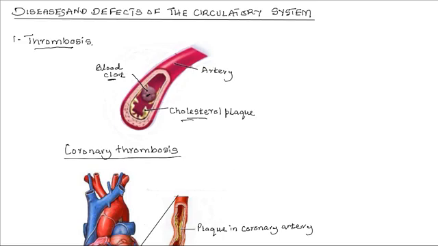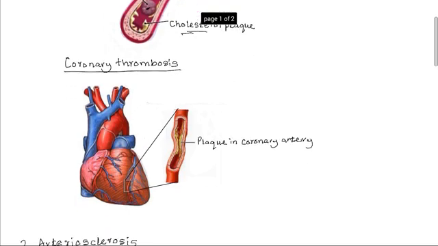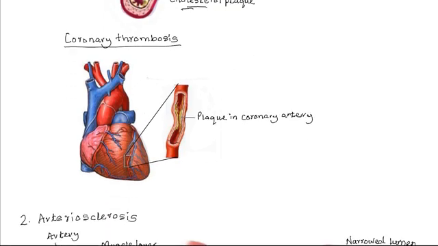Now, depending on the part of the body or the organ in which the thrombosis occurs, there are different types of thrombosis, and the commonest are coronary thrombosis, and as the term suggests, coronary thrombosis is one that occurs within the blood vessels of the heart, and in particular within the coronary artery, which supplies blood to the heart.